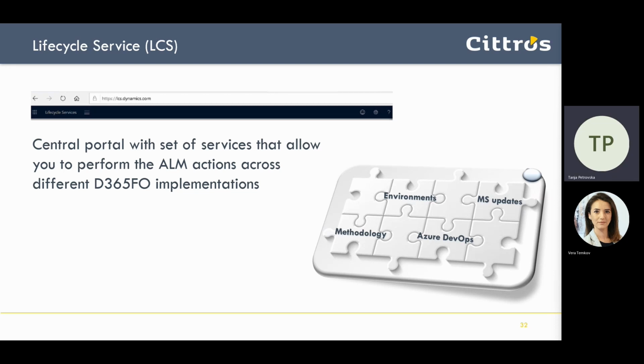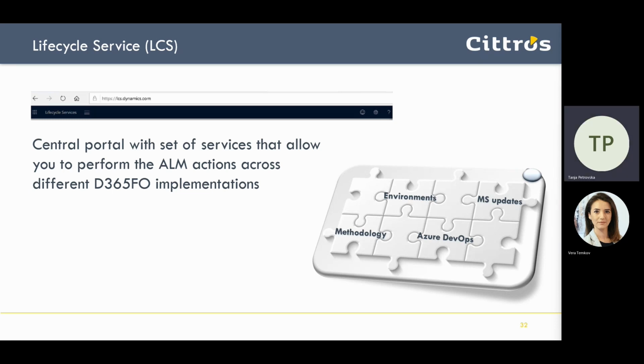LCS integrates Azure DevOps and your environment, so you will have a complete overview. Also, from the LCS portal, you can see and apply Microsoft updates, software deployable packages, perform data refresh, and many more options. LCS integrates all of these pieces to fit together and work in a cohesive manner.